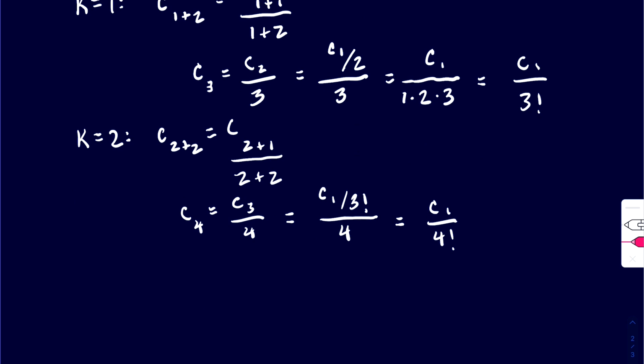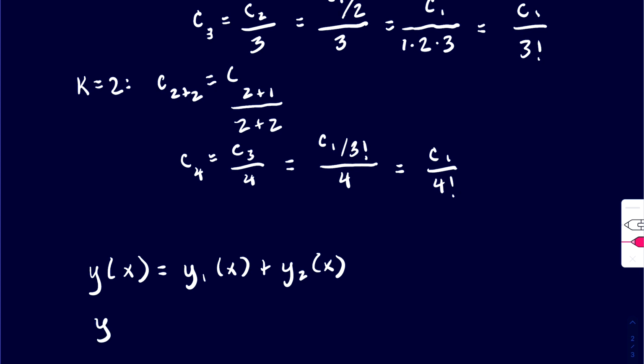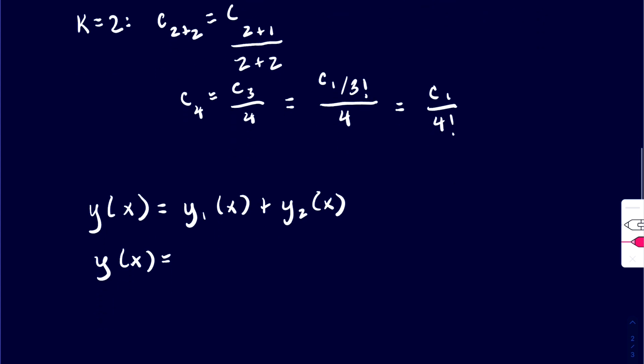So, therefore, the solution of the differential equation is going to be y at x equals your y1 at x plus y2 at x. So y at x will be equal to, our y1 at x will be c0, and then y2 at x is what we just found over here.